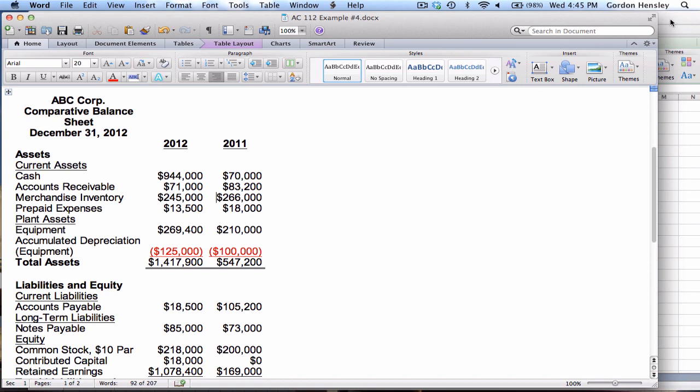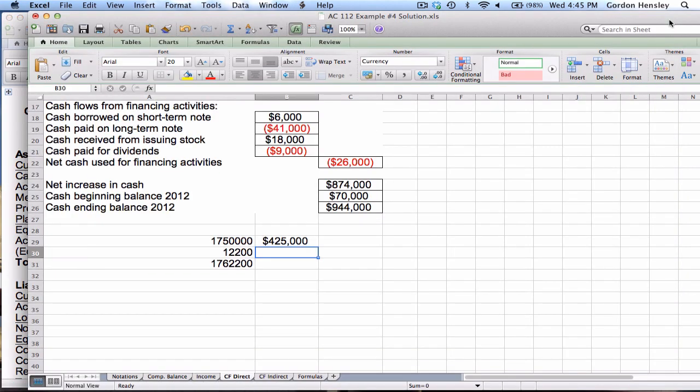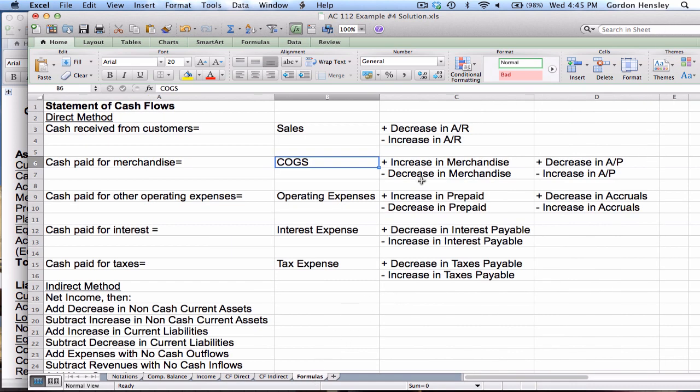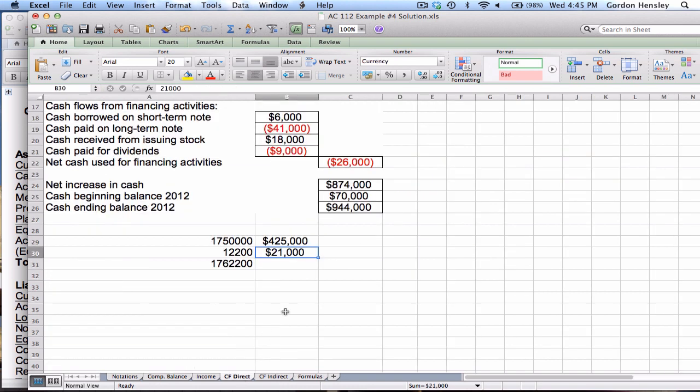So it decreased from 266 to 245. So that means that it's a difference there of 21,000. So it decreased 21,000. And what did my formula say about a decrease in merchandise? It said a decrease in merchandise is to be deducted. So I actually want to put that as negative 21,000.